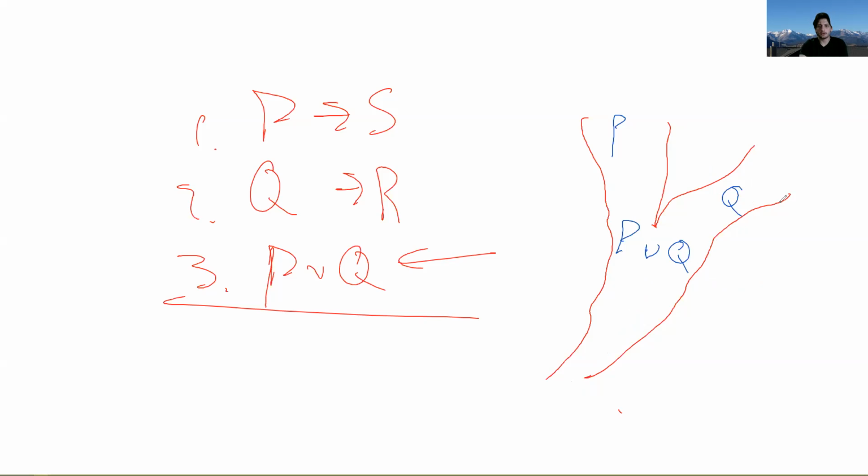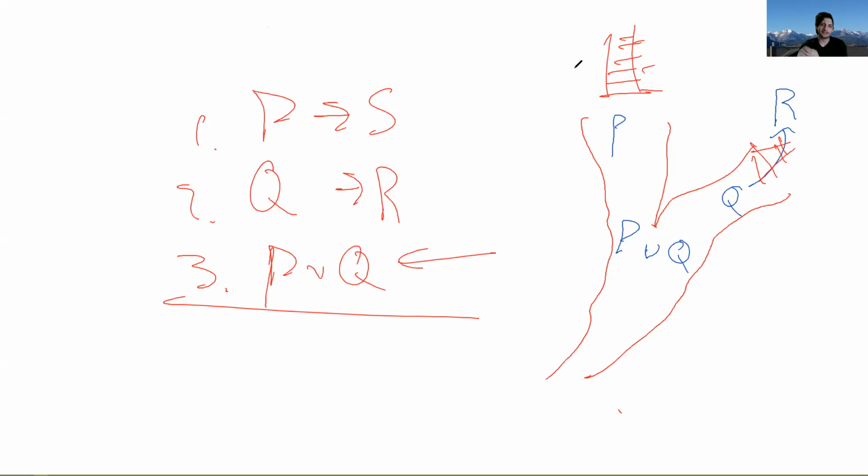Constructive dilemma, we can use the same sort of metaphor, except now our conditionals, just think of them as bridges. I don't know how to draw.